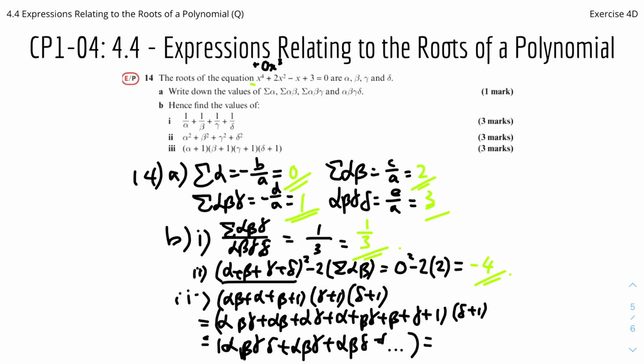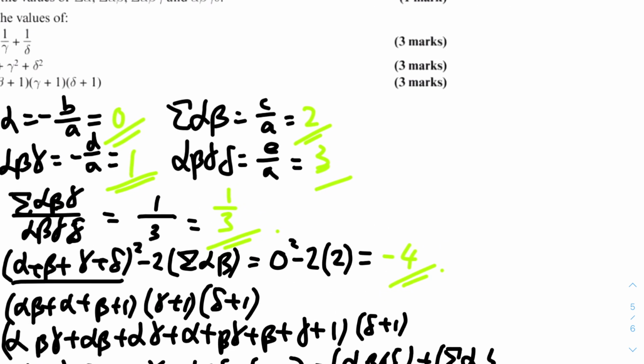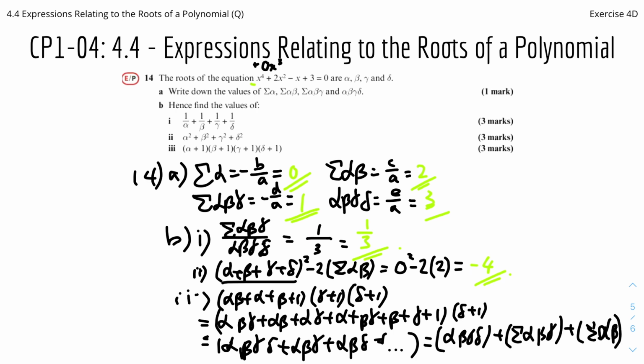And we know that if you were to group all of them together, it'll be equal to alpha beta gamma delta, plus the sum of the triples, plus the sum of product pairs, plus the sum of the roots, plus 1, like so, right?